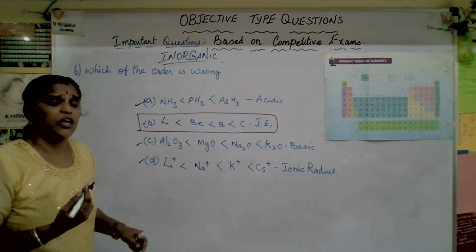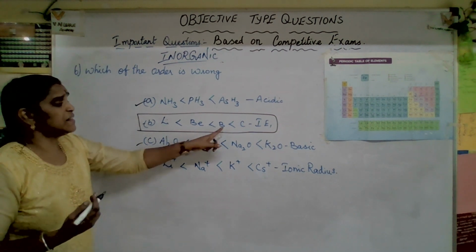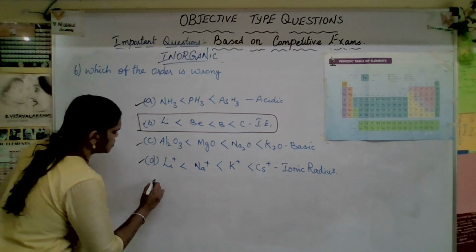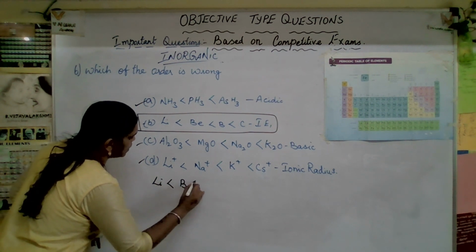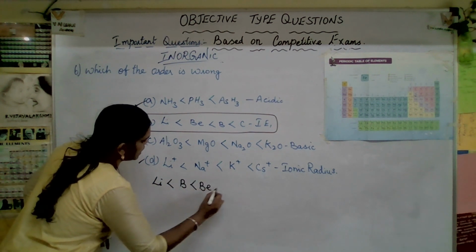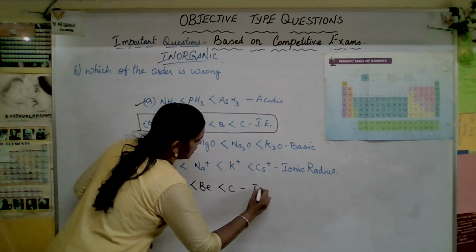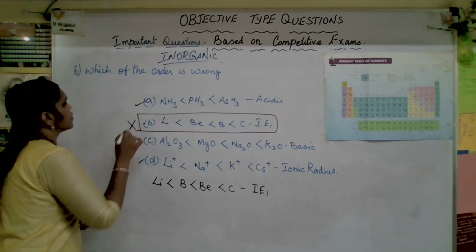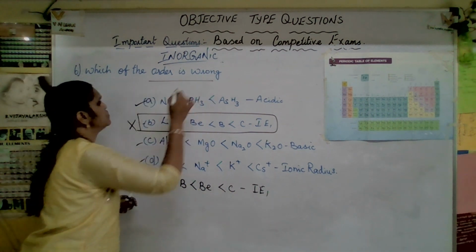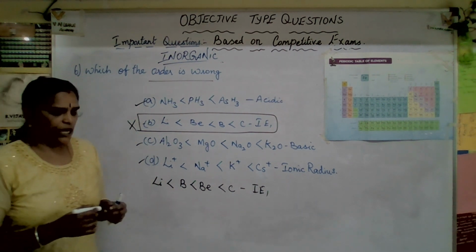Beryllium has a more stable electronic configuration than boron. So it has to be like this: lithium is lesser than boron, lesser than beryllium, and lesser than carbon. This is the first ionization enthalpy. I think this is the wrong answer, as they asked which order is wrong. So B is the correct option.